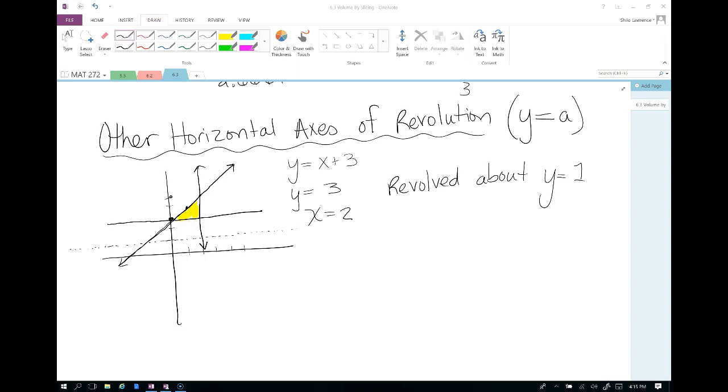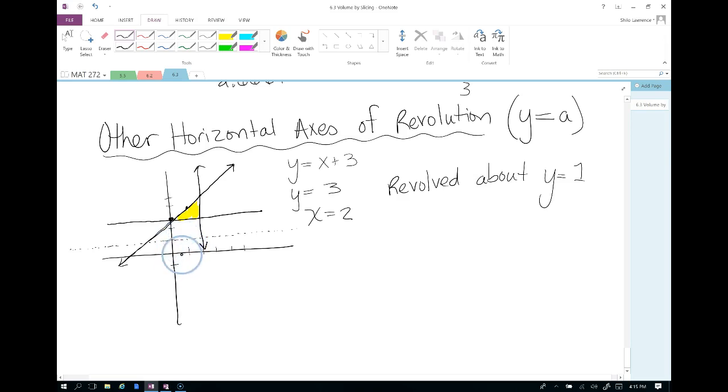And when you revolve, your reflection is always going to be an equal distance below and above. So right now, if we compare that triangle to our axis of revolution, which is y equals 1, the base of that triangle is exactly 2 units above. So when I draw the reflection, it needs to be exactly 2 units below.